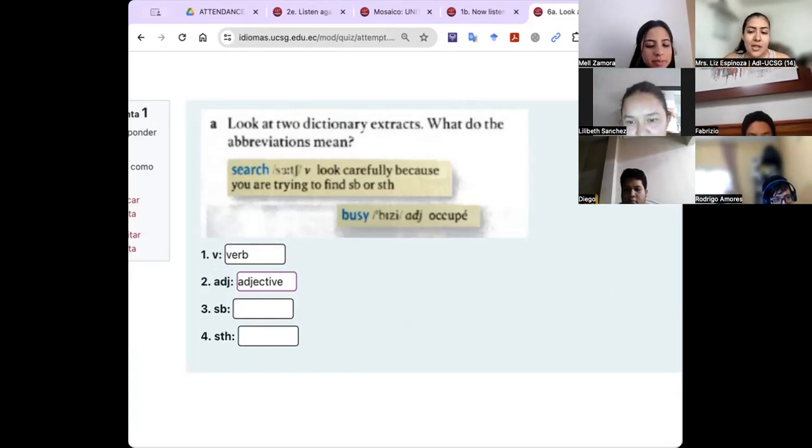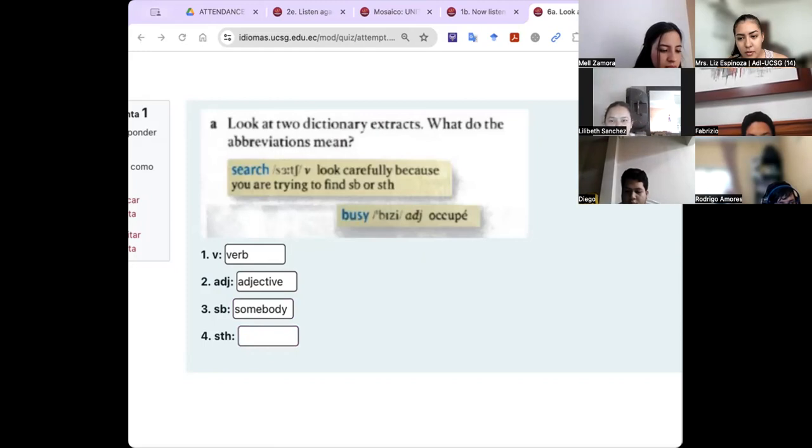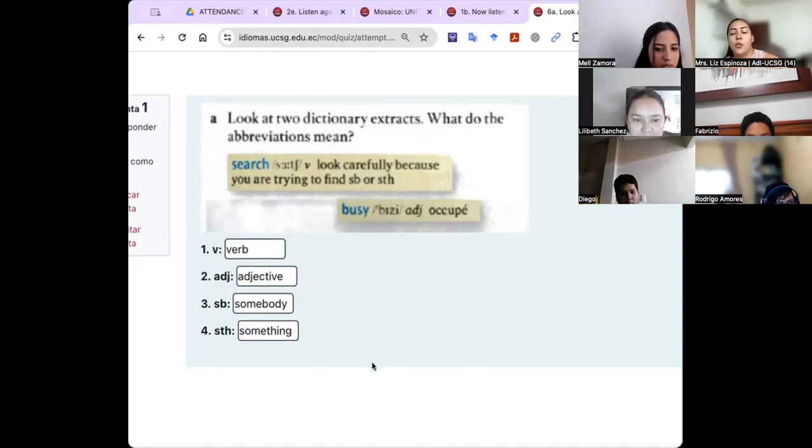SB. Somebody. In this case, it's talking about somebody. STH. Something. So these are sometimes letters that you find when you are looking for the dictionary meaning.